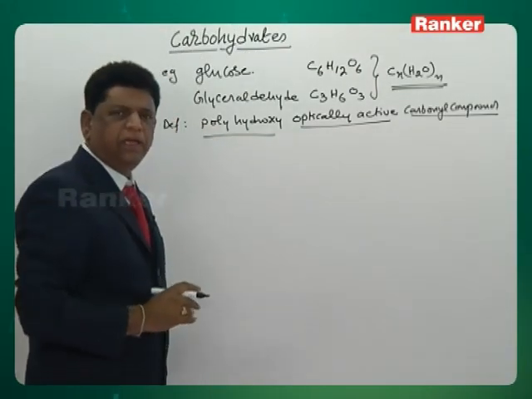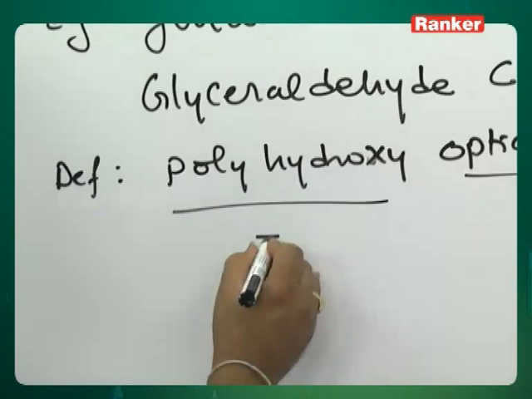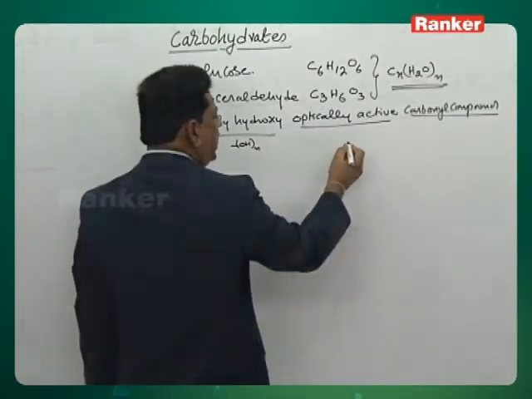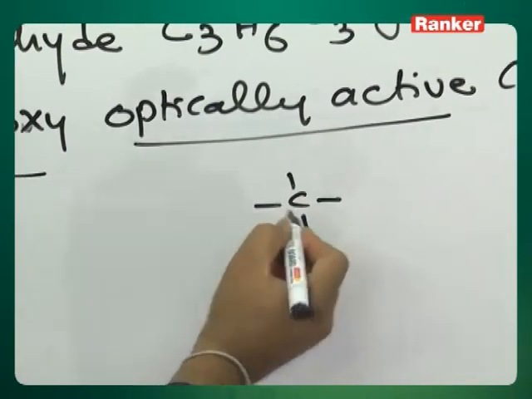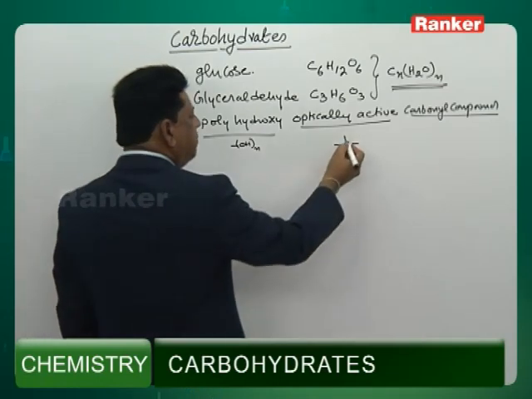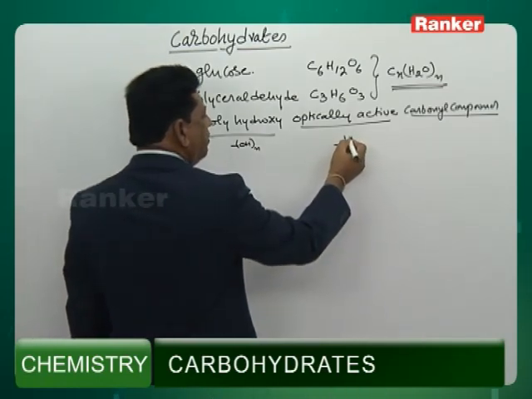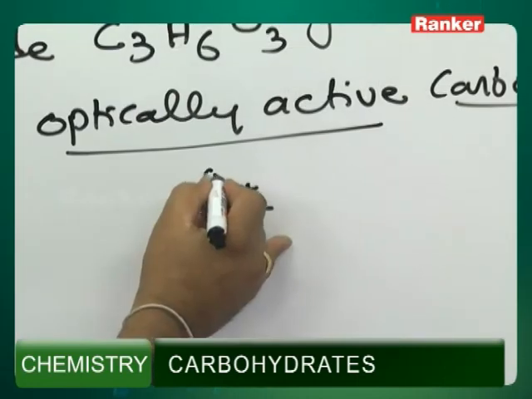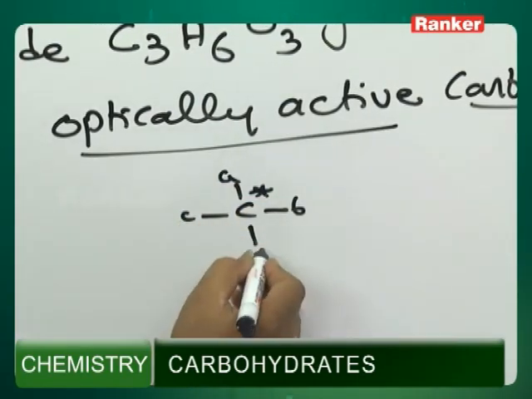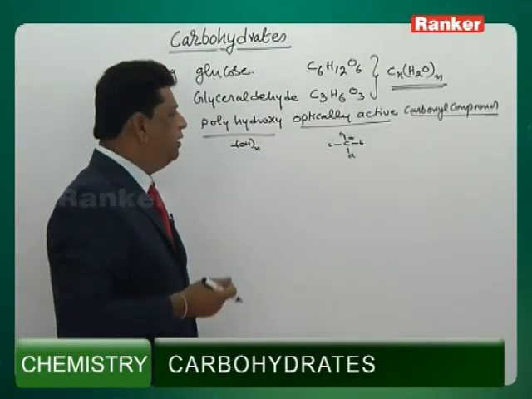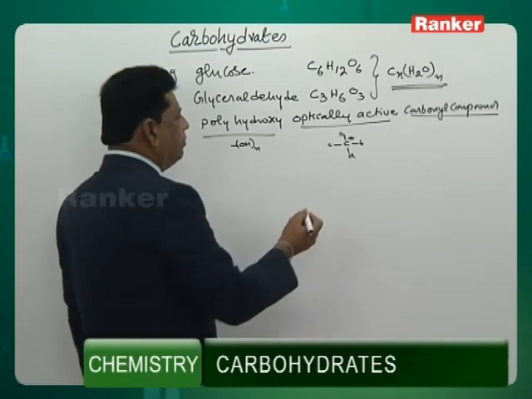Polyhydroxy means a number of OH groups should be there, n number of OHs. Optically active, at the lowest level of understanding, means a carbon containing 4 different groups. Such a carbon we identify as a chiral carbon. If A, B, C, D groups are there, such a carbon we call a chiral carbon. That optical activity comes from the presence of this carbon.